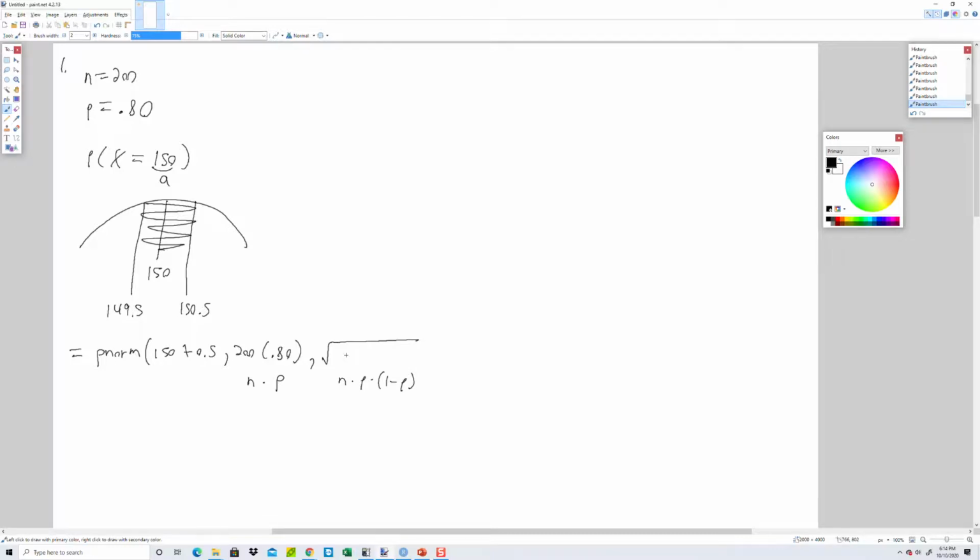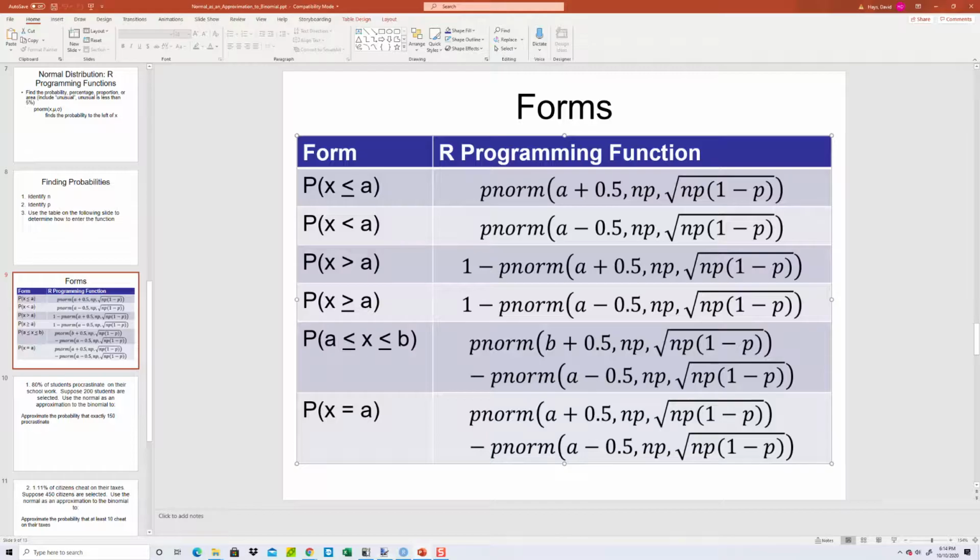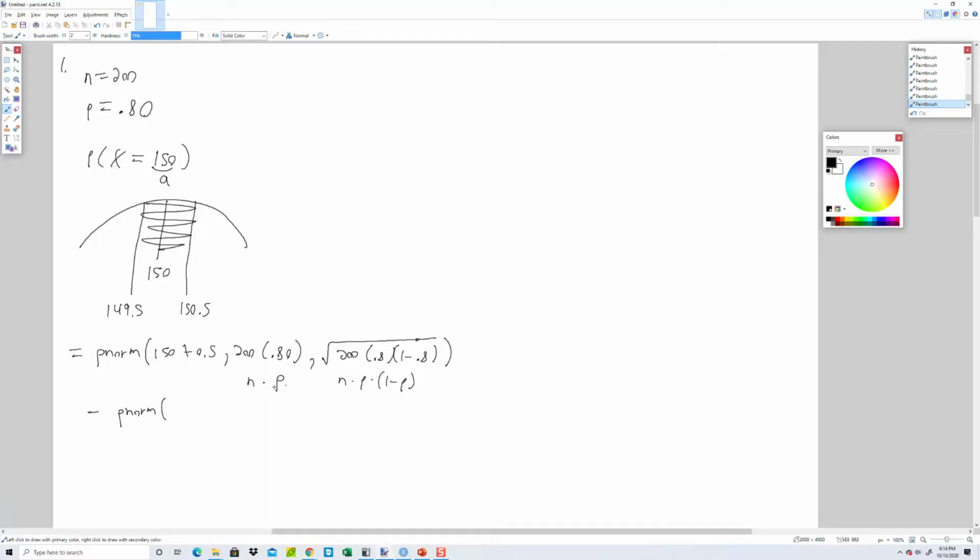So here I'm going to have 200 for n, and then 0.8, and then 1 minus 0.8. Closing parentheses for the pnorm, minus pnorm a minus 0.5, so 150 minus 0.5.